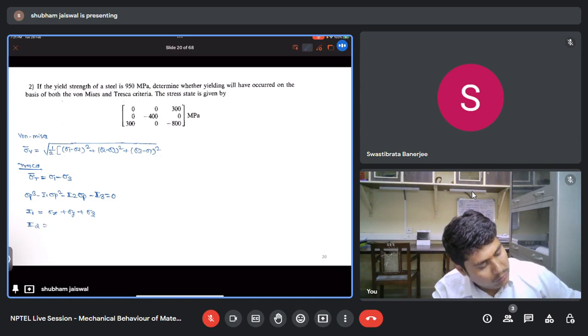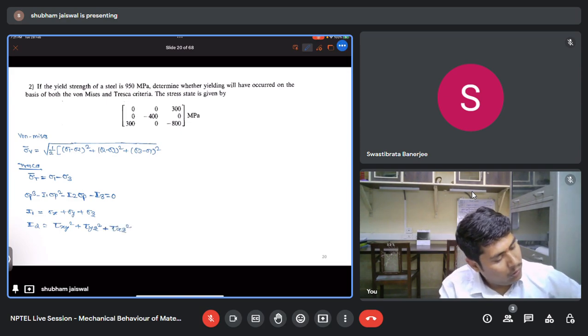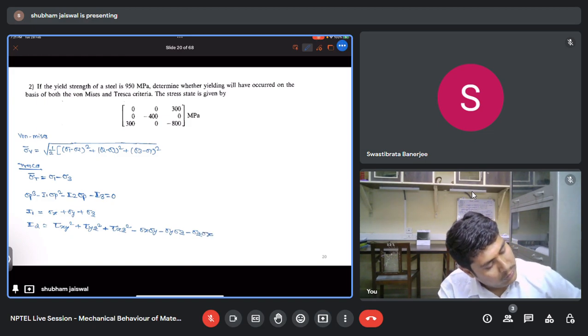I2 is nothing but tau xy squared plus tau yz squared plus tau xz squared minus sigma x sigma y minus sigma y sigma z minus sigma z sigma x.